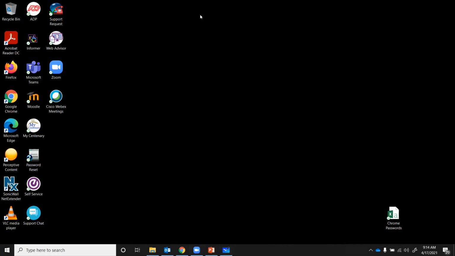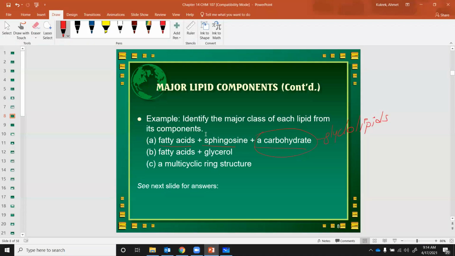Anyway, all right. So what about the second one? B, you have fatty acid and glycerol. A lipid. I know you're a lipid because we are talking about lipid.